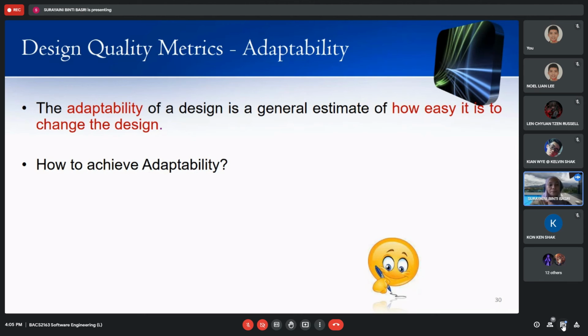For example, with low coupling, whenever you want to change anything in the future you only need to change the affected module without bothering about other modules. And for understandability, like what Russell said, documentation must be consistent with the implementation.